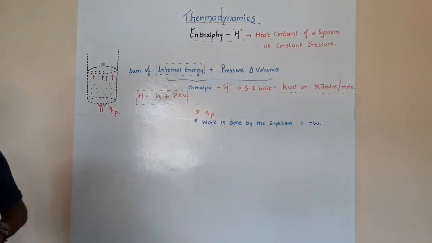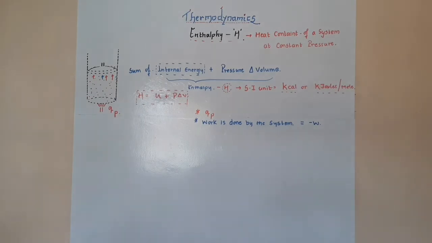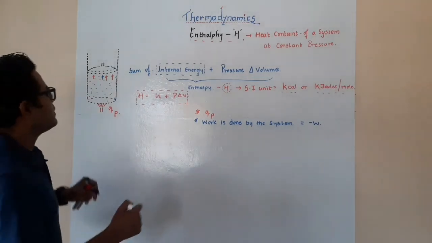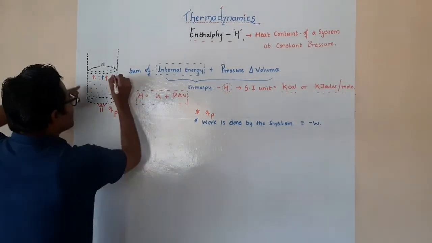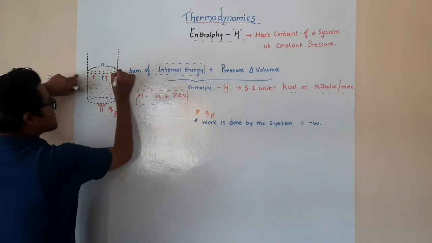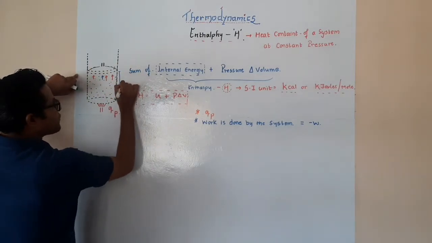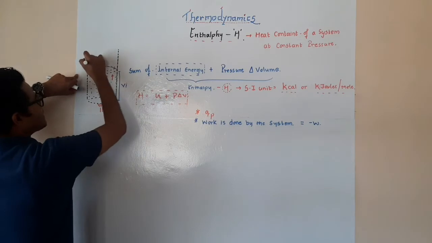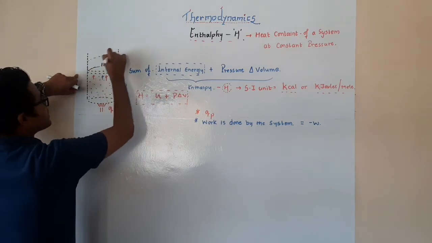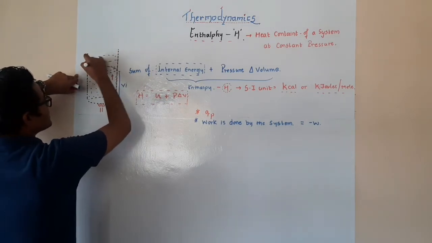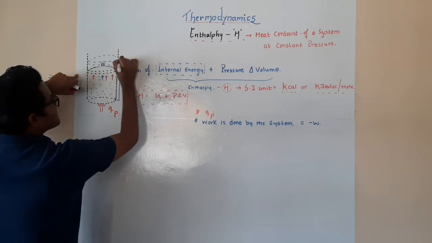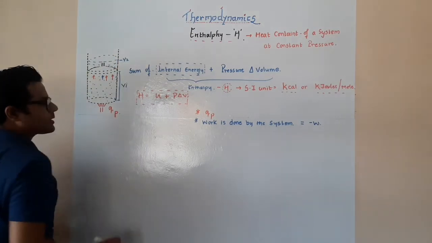Let us say this is the first condition, V1, and when the piston moves to the top because of the internal pressure, this is the position V2, correct?